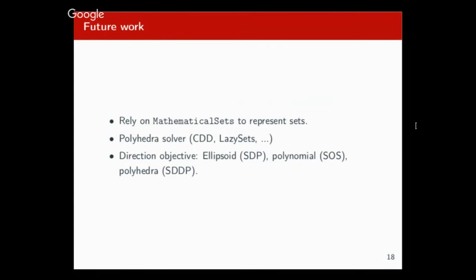So, conclusion. Currently, for the representation of the sets, I have some custom submodule in the package, but we've just created a mathematical set package with Marcello here. What's nice is that we will define many sets in a completely generic way that could be reused by any application that needs this set.